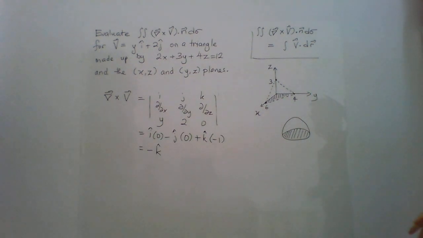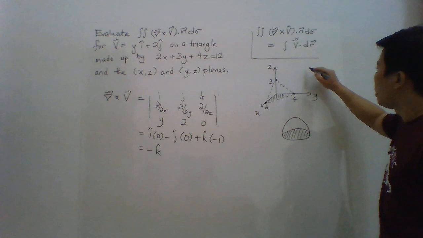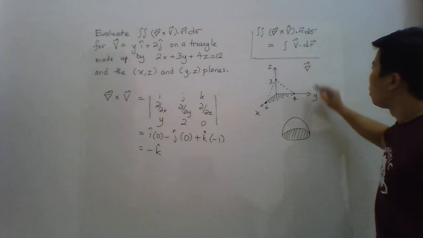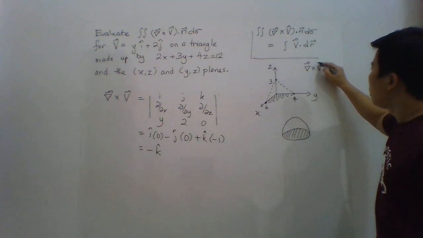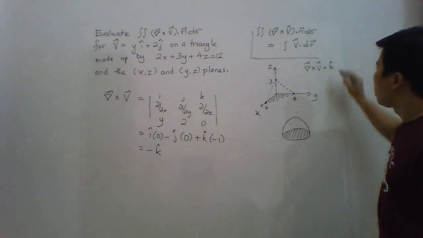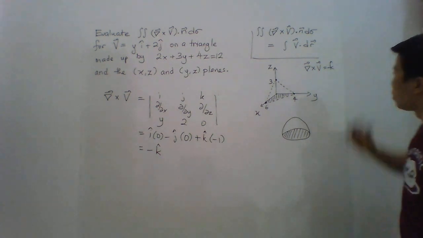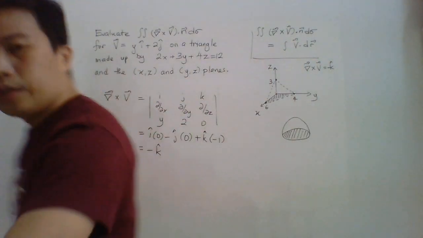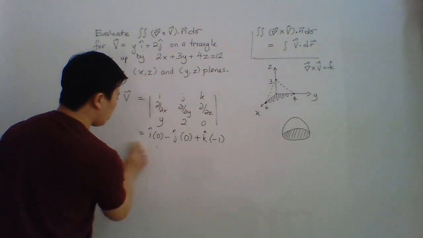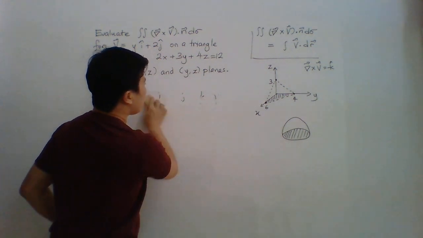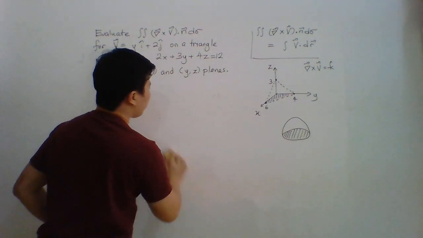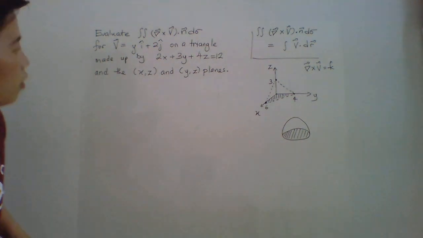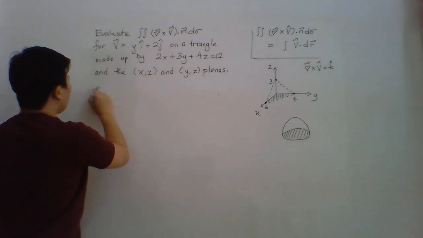Right. So let's just write it here. The curl of v is equal to minus k. Let's wrap this so we have more space over here. So now we go to the integral.